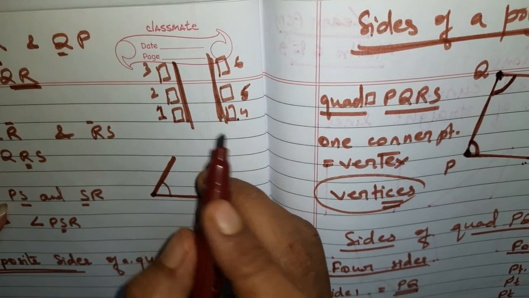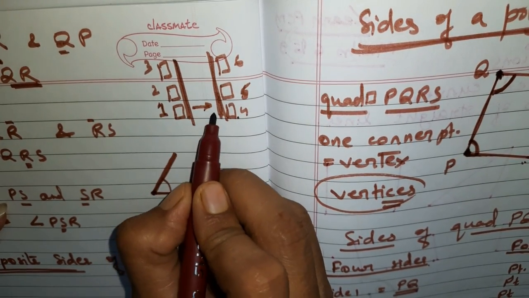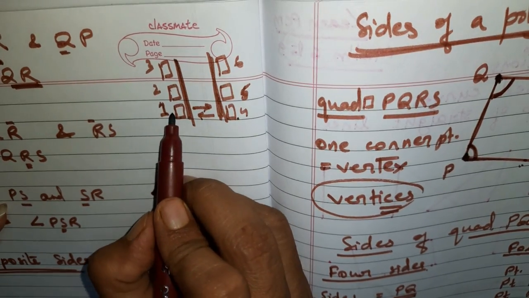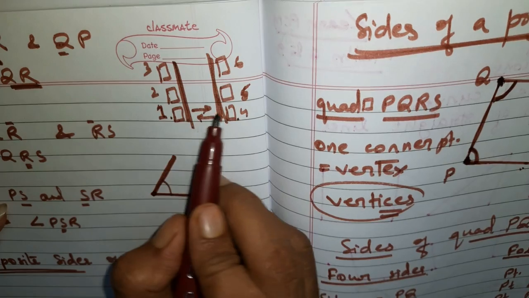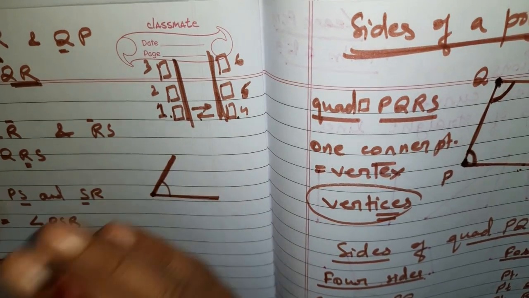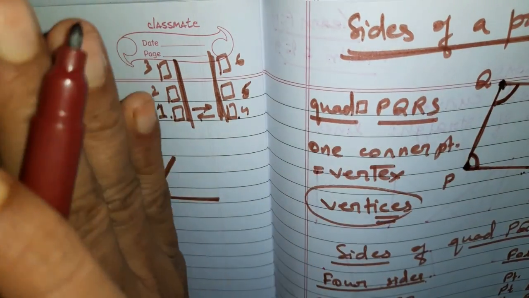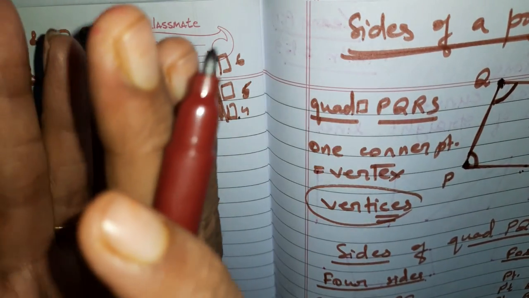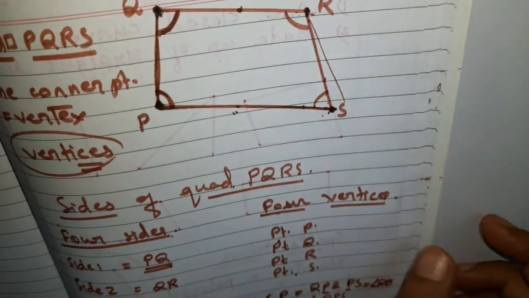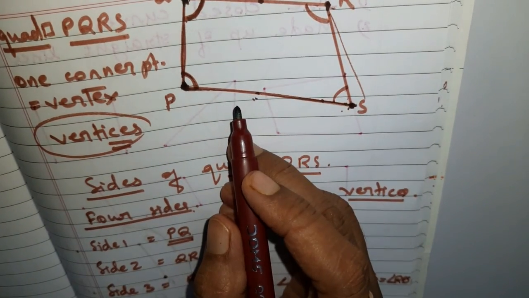Why do we say that? Because they are facing each other. This one is facing this house. That is why we say they are opposite to each other. When one person is facing another person, we say that they are facing opposite to each other.